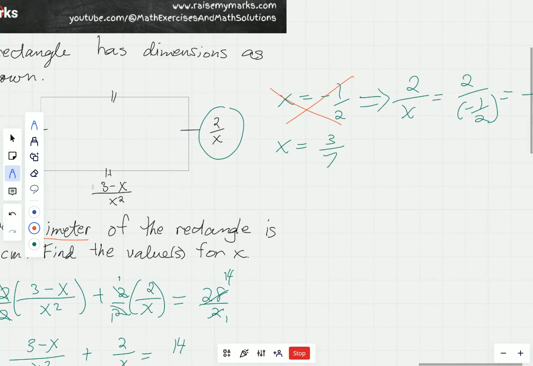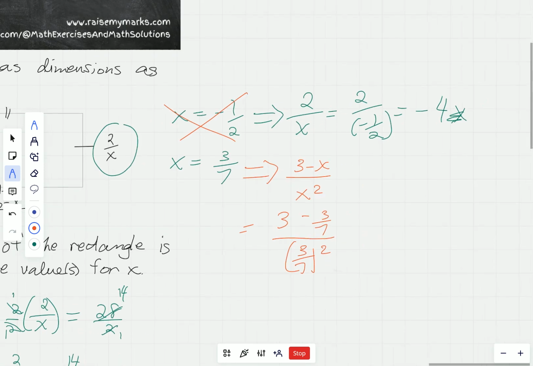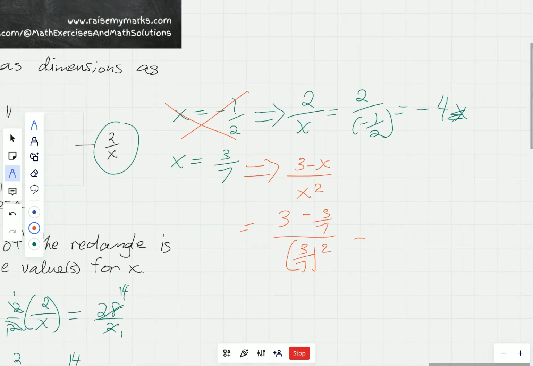Now let's check for the length. (3 minus x) over x squared. I think it will work. The denominator is positive, so I don't have to worry about that. The numerator is also going to work. Remember, we're subtracting fractions, so we need to put everything over a common denominator.